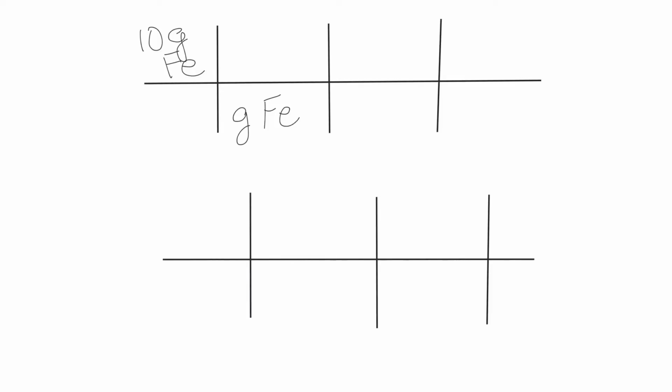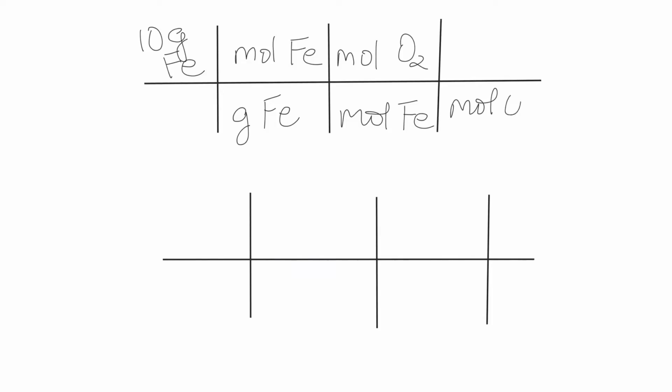So you put grams of Fe, which turns into moles of Fe. You copy that down on the bottom. Remember, we're doing this so that we can cancel the units, which turns into moles of oxygen. That is carried down on the bottom.